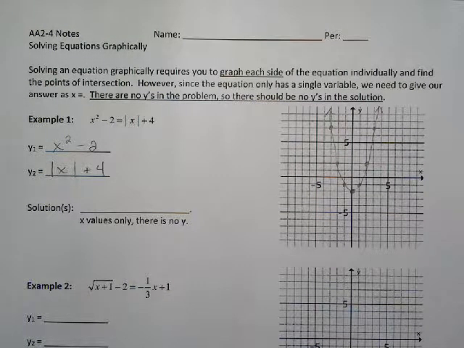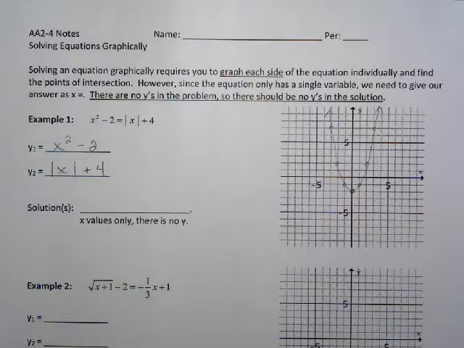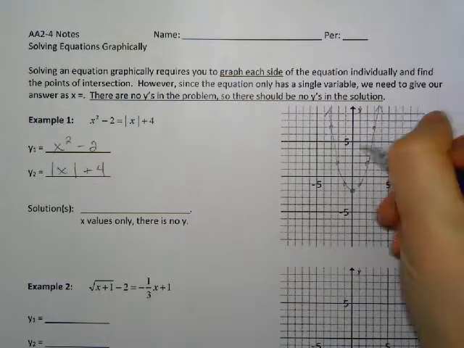Okay. So then the next one, this absolute value of x plus 4, what is that one going to look like? Yeah, it's going to be the absolute value, which looks like a V, moved up 4.